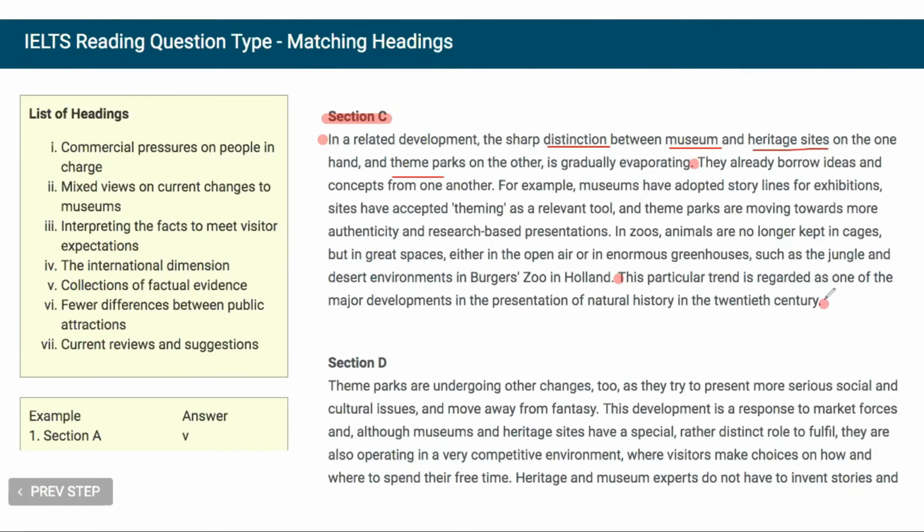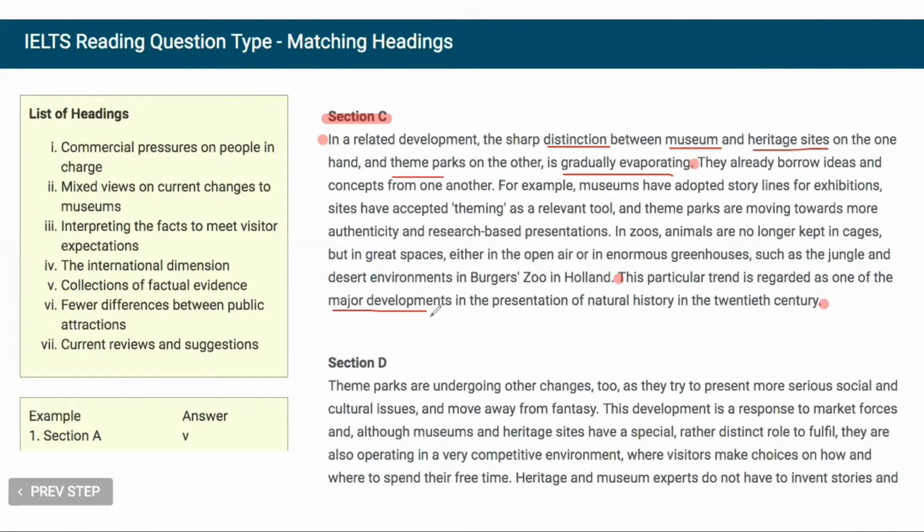This particular trend is regarded as one of the major developments in the presentation of natural history in the 20th century. So I see again that there are differences between the 2, yet they're growing fewer and fewer because I see it gradually evaporating. So it means the changes are decreasing. And the last sentence says major developments in the presentation of natural history. So I'm looking at a time reference.